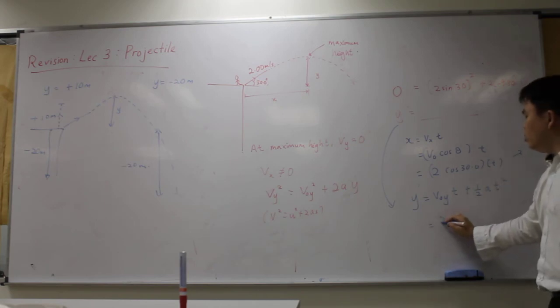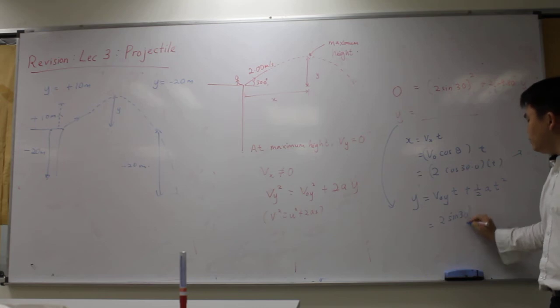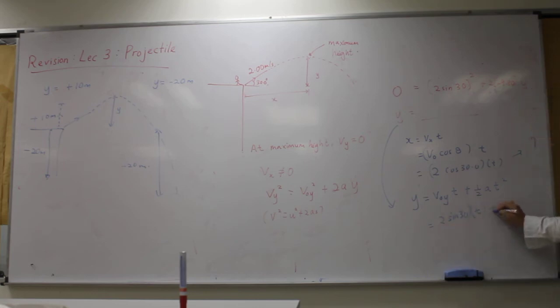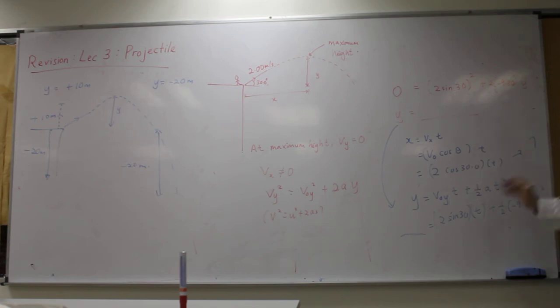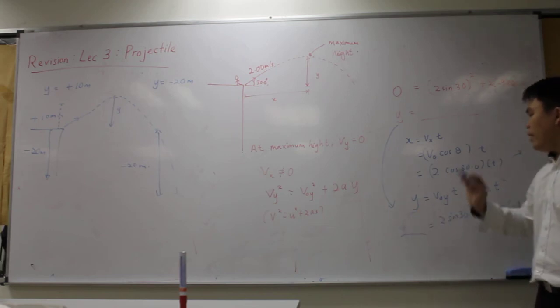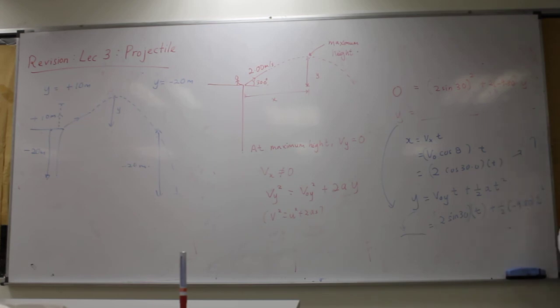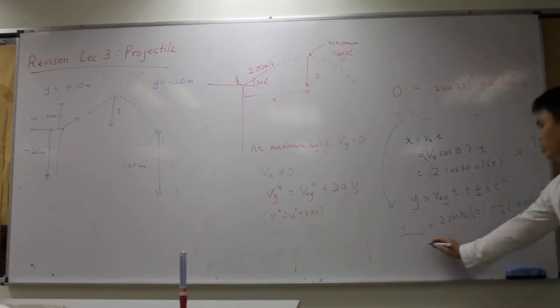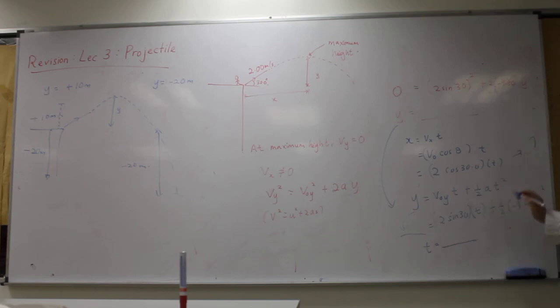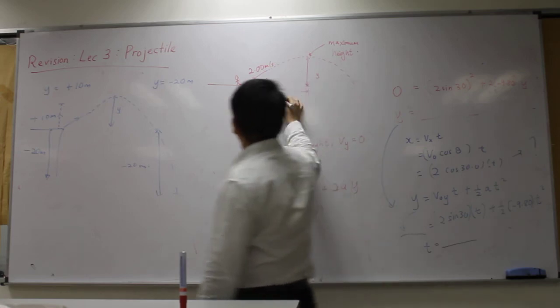So this case is 2 sine 30 t plus half times a, which is negative 9.80, t squared. You know the value of y already, you substitute, and you can use your calculator to solve the quadratic equation. From that you can find out what t is, and you substitute this t into this part. As a result, you can get the value of x.